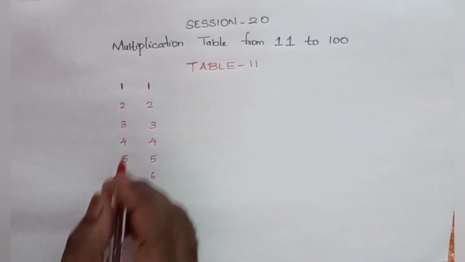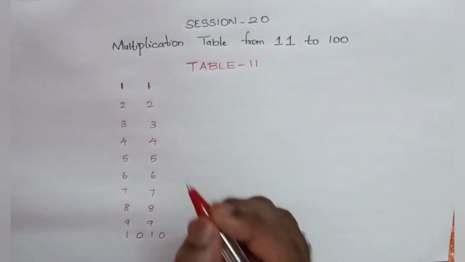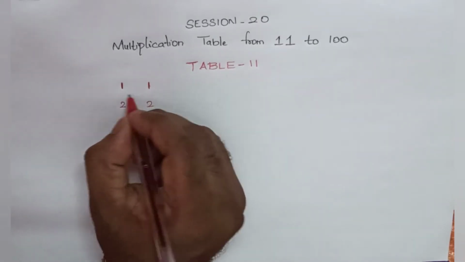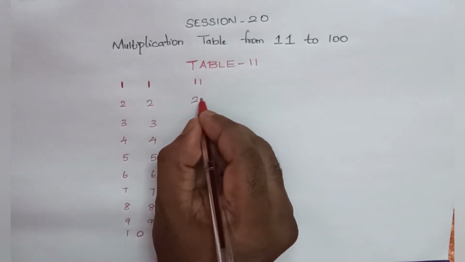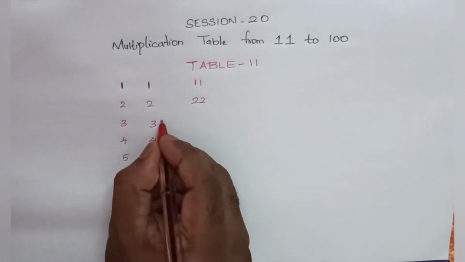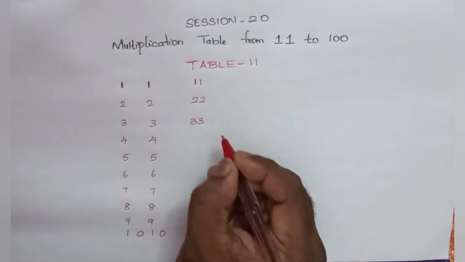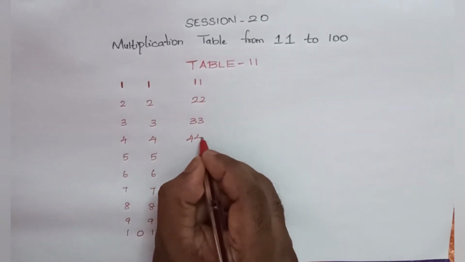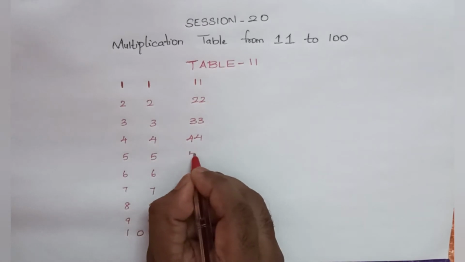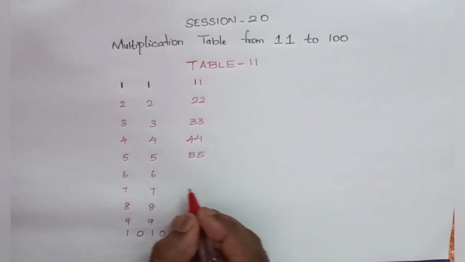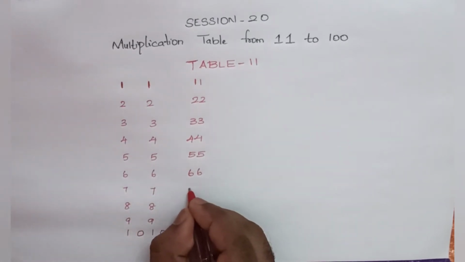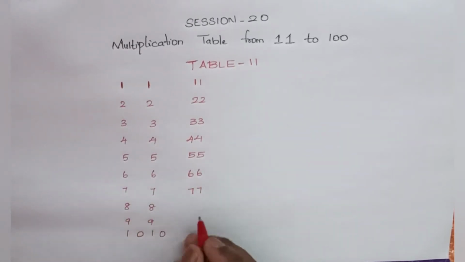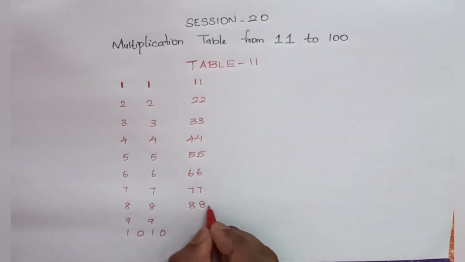After that you have to join both the digits. So 1 becomes 11, 2 will be 22, 3 will be 33, 4 will be 44, 5 will be 55, 6 will be 66, 7 will be 77, 8 will be 88, 9 will be 99.